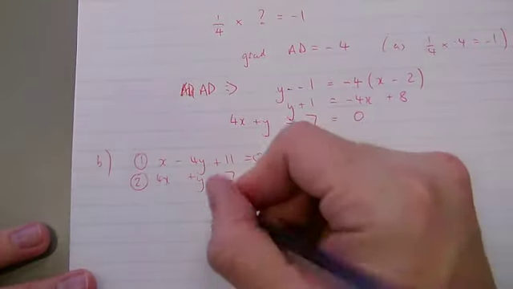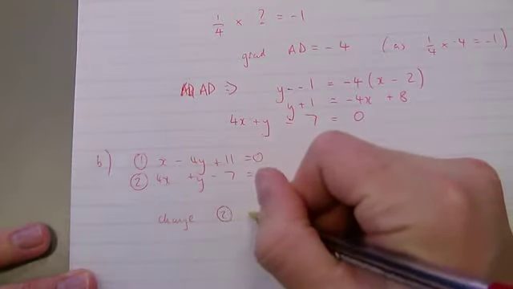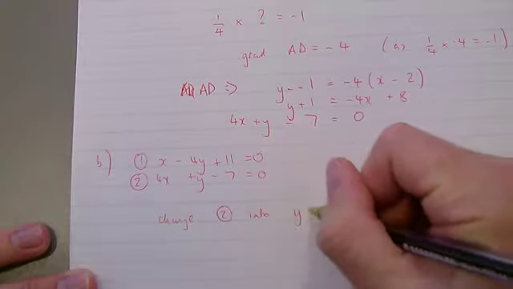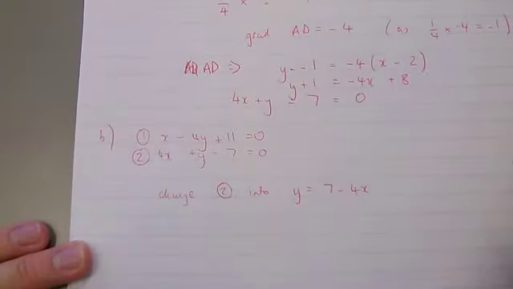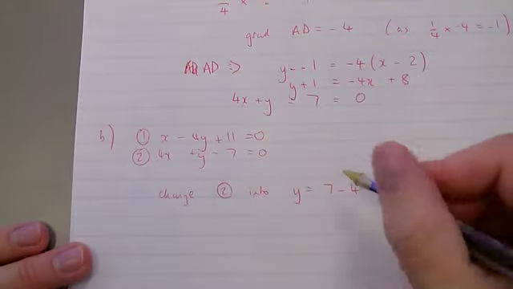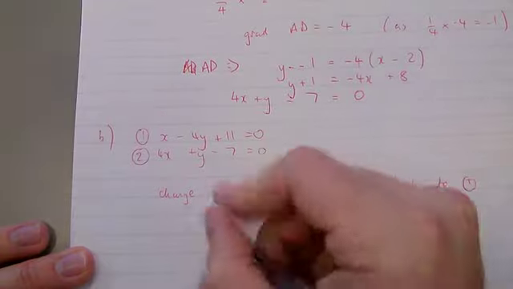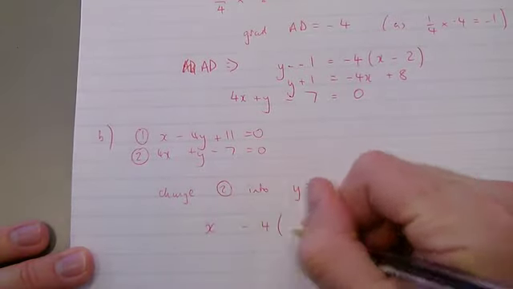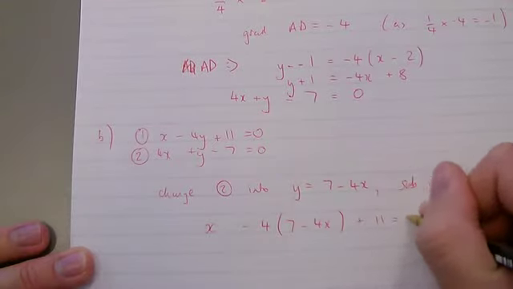I'm going to use the substitution method, so I'm going to change 2 into y equals 7 minus 4x. Just taking the minus 7 and the 4x over, and then sub into 1. So I've got x minus 4, and the y has just changed to 7 minus 4x, and then plus 11 equals 0.